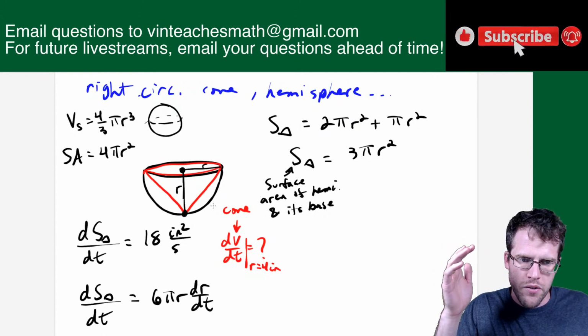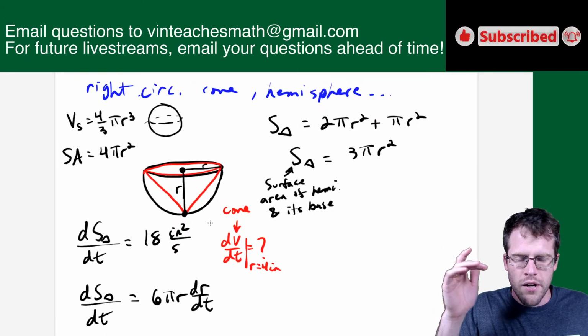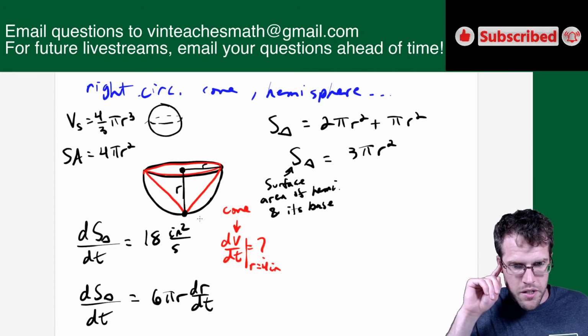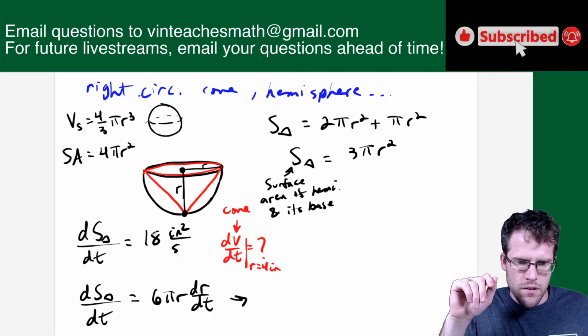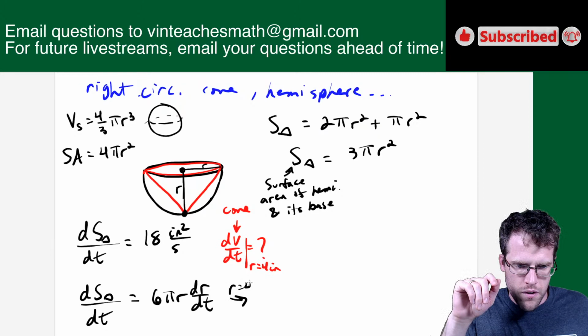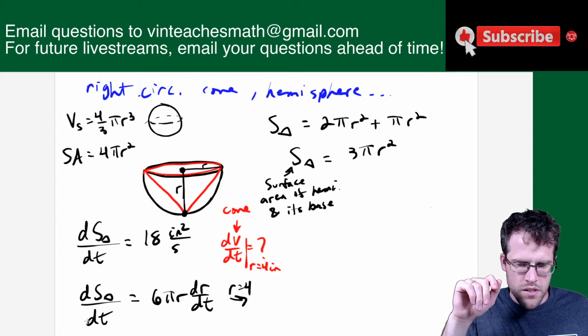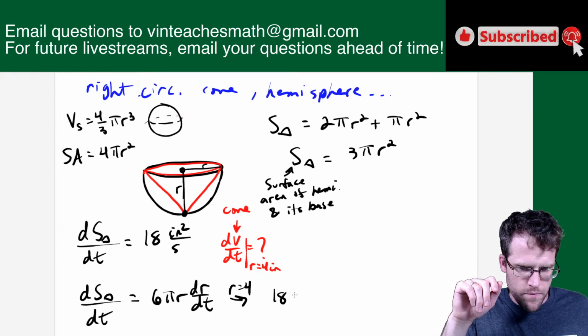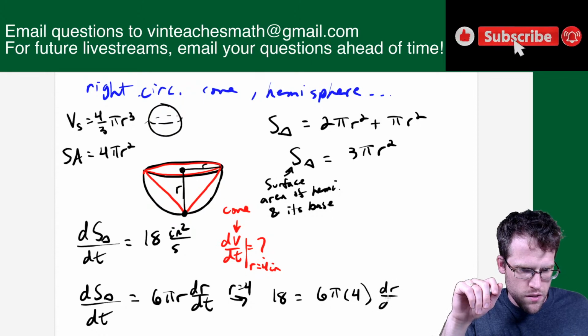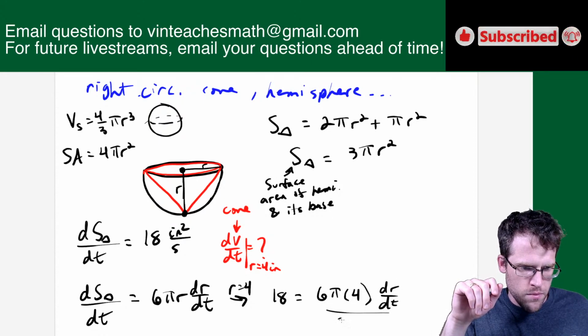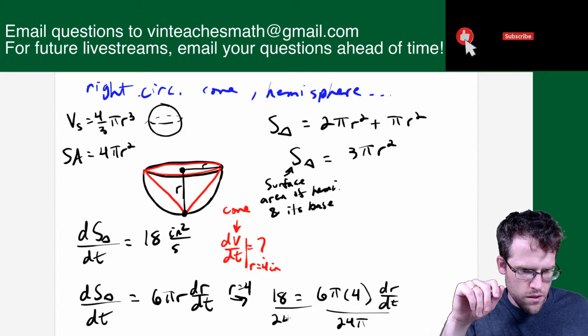If I were to go from here to here, that would also be r. So that's a big detail that we're going to need in a moment. Now dS/dt is 18, so at r equals 4, we have 18 equals 6 times pi times 4 dr/dt. And now we just divide both sides by 24 pi, which would cancel this out completely.